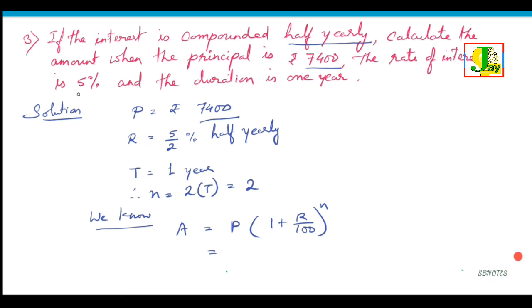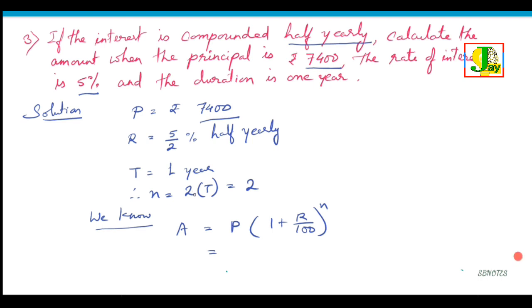So the rate we have, 5%, we will take half of that. We can also write it here as 5 by 2. We can keep it here, or we can do it separately. Time equals 1 year. How many conversion periods do we have? How many half years will there be? So n equals 2t. So here we can write 2t and r by 2, and separately calculate it.